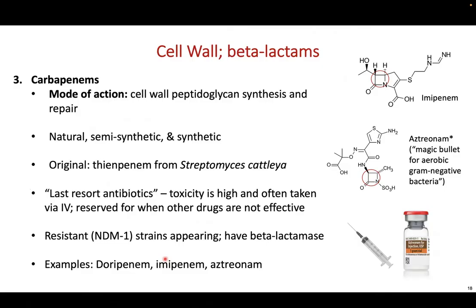Some bacteria have been shown to be resistant strains, and these bacterial strains also have the beta lactamase, the enzyme that targets this class of antibiotics. Some examples of these antibiotics are doripenem, imipenem, and aztreonam.